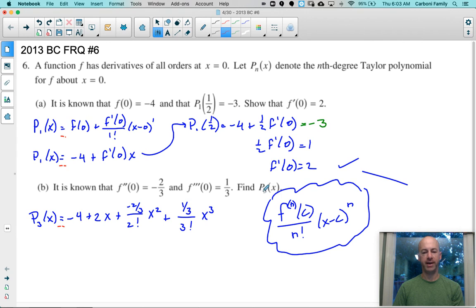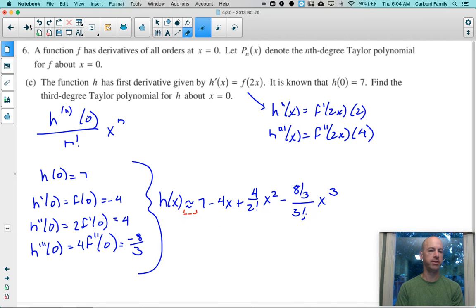They defined P3 to be the third degree Taylor polynomial. So this is P3 of x. Now you could, if you wanted, say this is approximately f of x, but we don't need to do that because they defined them as P sub 1 and P sub 3. So that's why I used the equals symbols on parts A and B, yet I used the approximate symbol in part C.